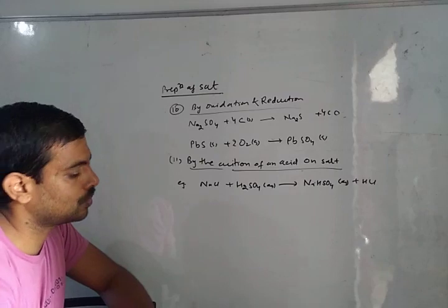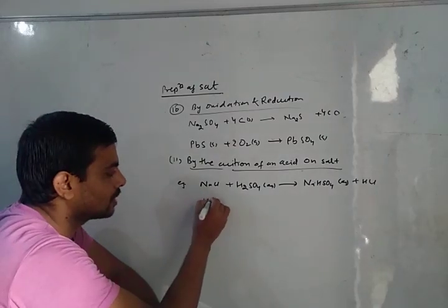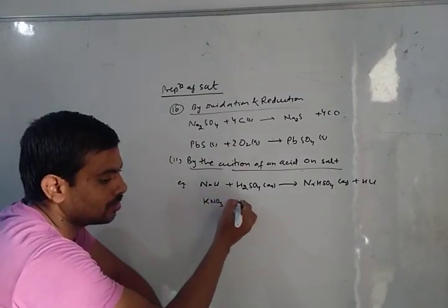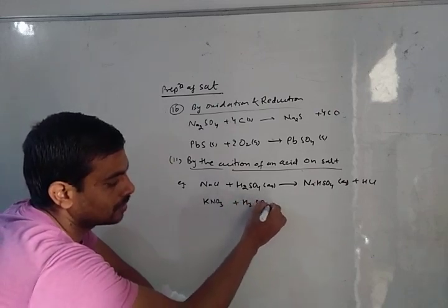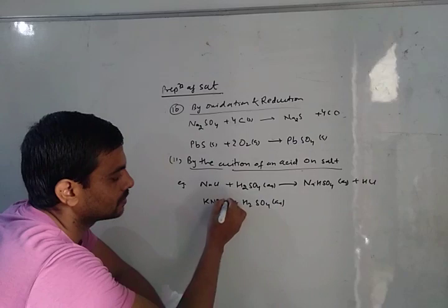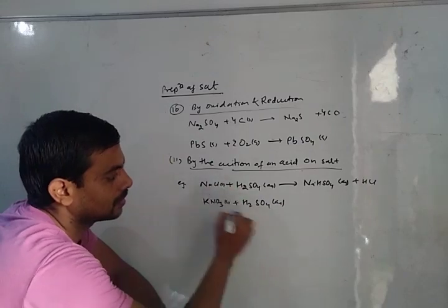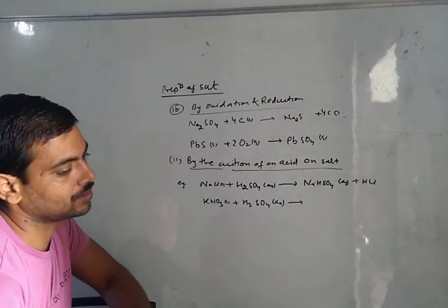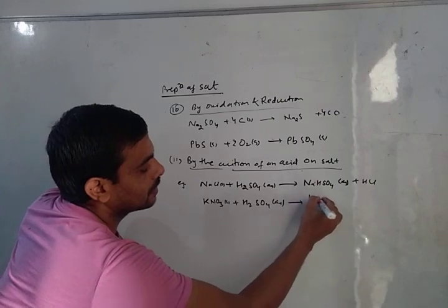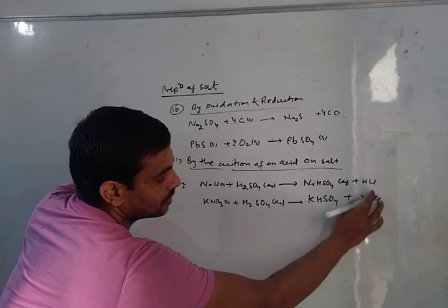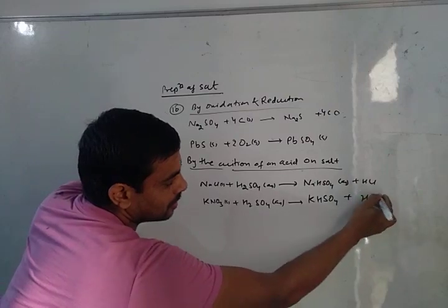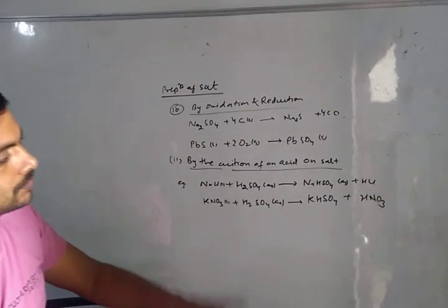So this is the most important topic. For example, KNO3 potassium nitrate on treatment with H2SO4 aqueous. What happened? KHSO4 plus HNO3.